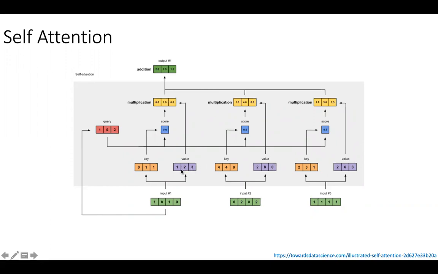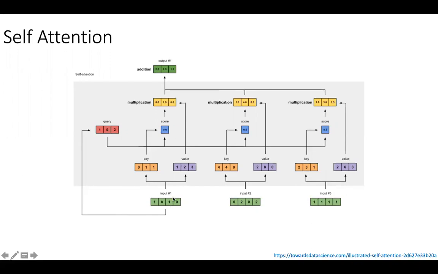Initially the values of these will be obtained through some trainable matrices. Suppose we have some trainable matrix, we multiply that with the input, and we get the query, key, and value for each one of the inputs.